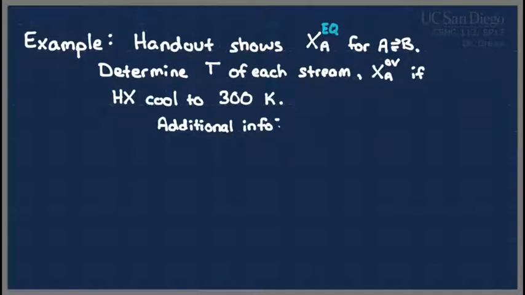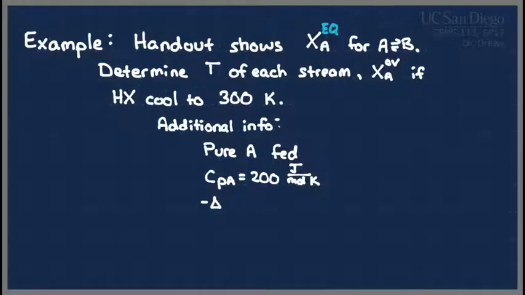The other information that we need is we've got pure A fed. The heat capacity of A is 200 joules per mole per Kelvin. Kind of high, but it could just be a big gas ball.